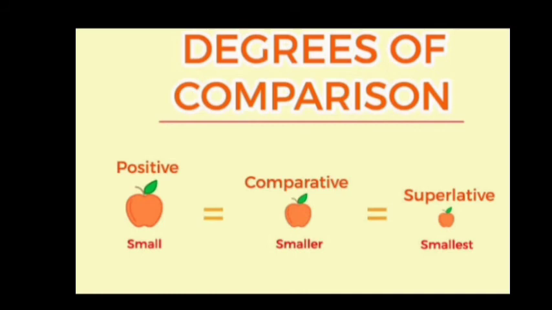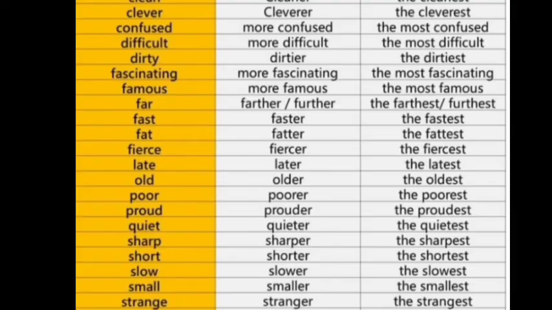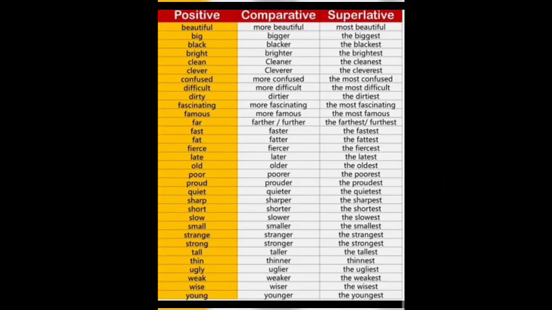They have irregular degrees of comparison. We use than with a comparative degree and use the with a superlative degree. Let's see the examples. Positive degree, how it changes to comparative, and then superlative.